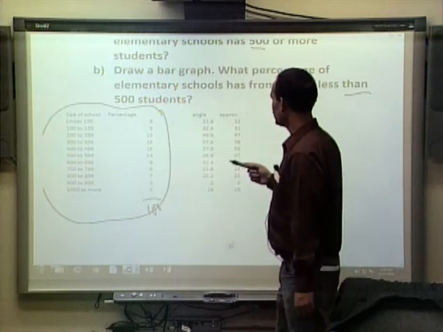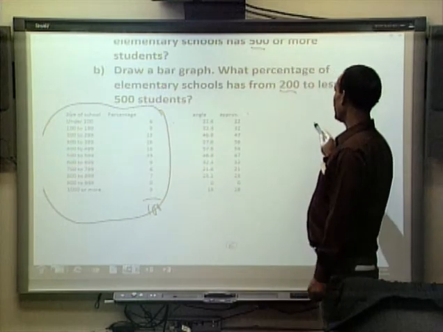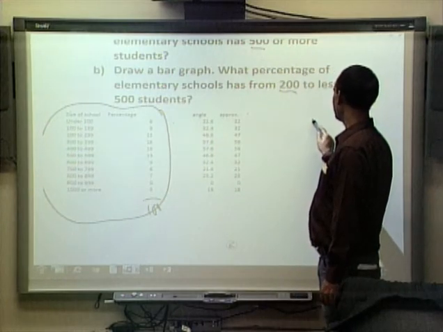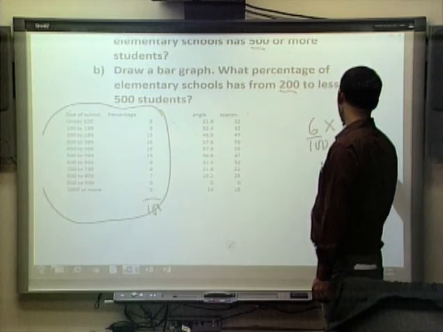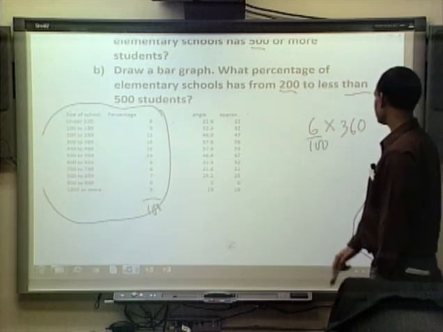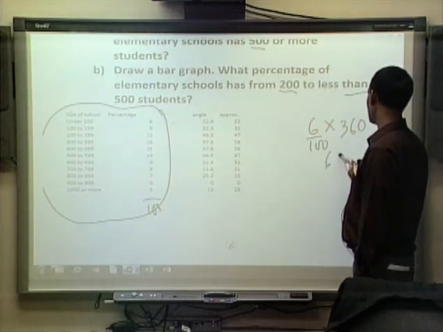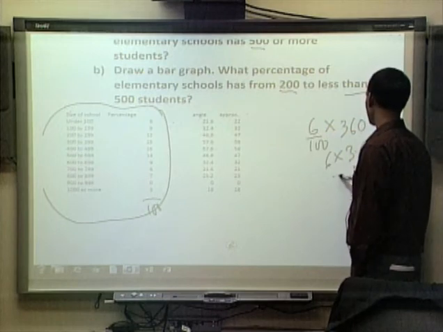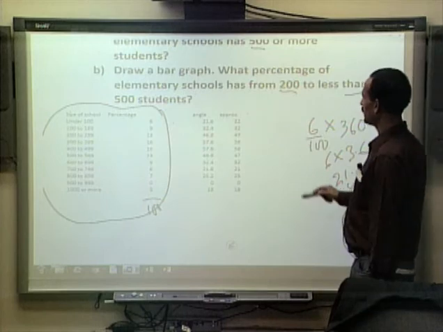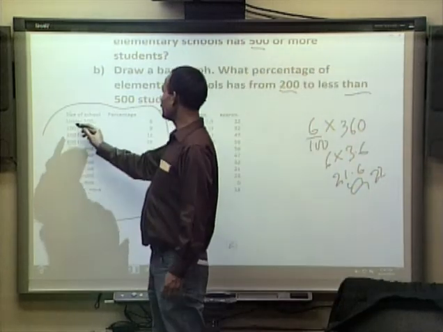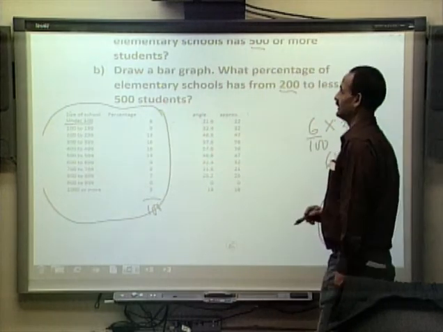So, in order to draw the pie graph, we have to calculate the angle. Remember, angle is calculated by the percent, 6, divided by 100 and multiplied by 360. So, this will be 6 times 3.6, that is 21.6, and if we approximate this, it will be 22. So, the angle for the schools under 100 students should be 22 degrees.